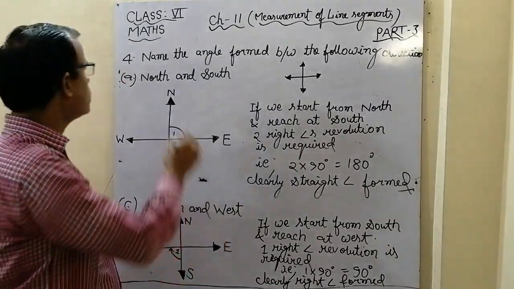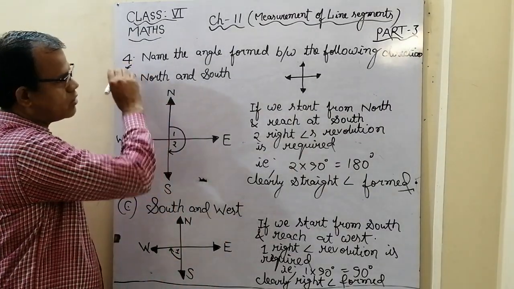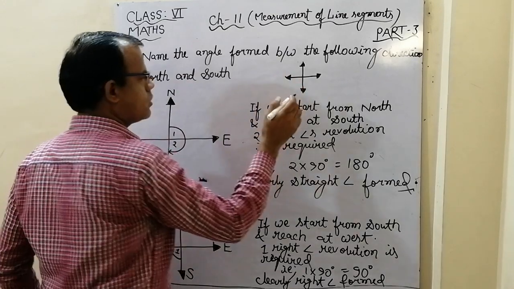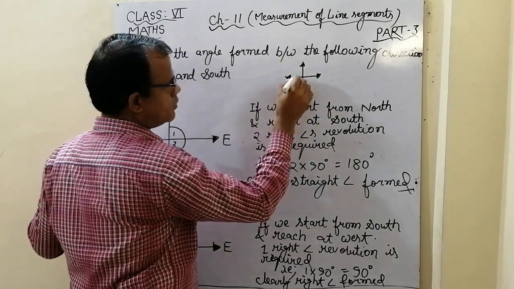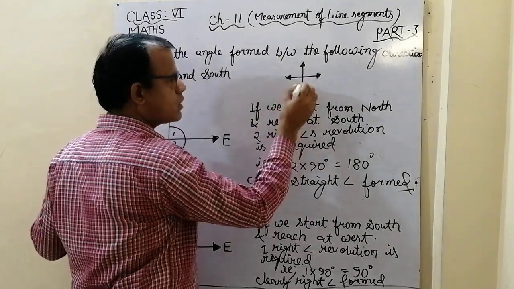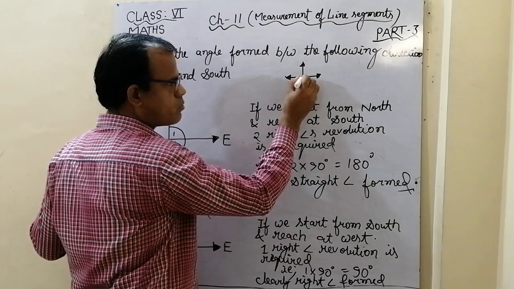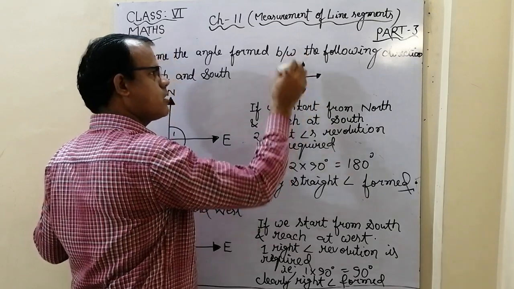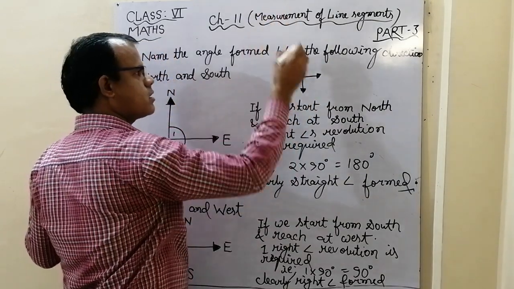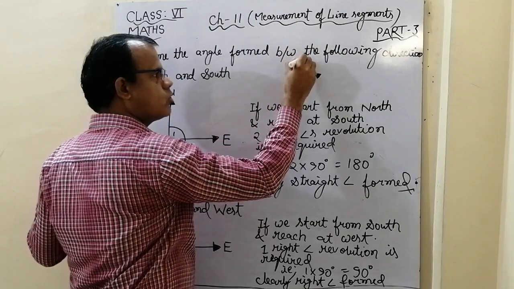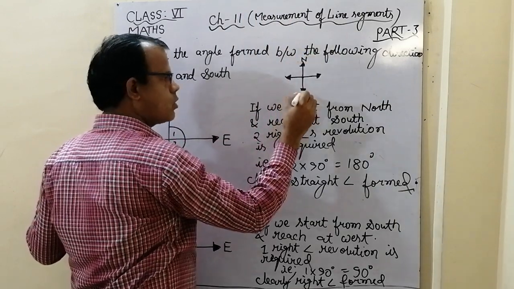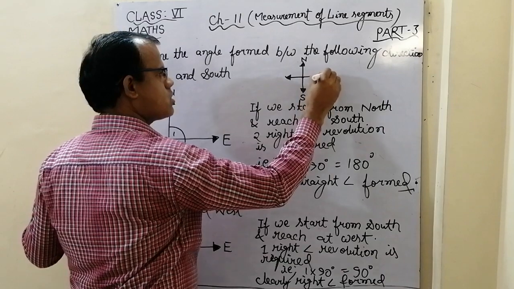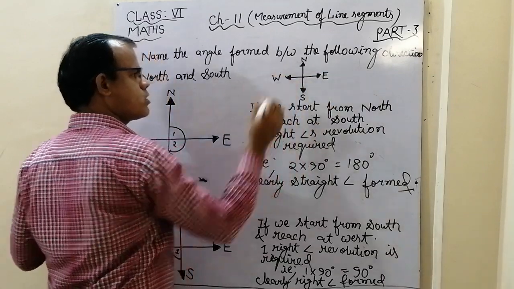Yes, students, before I start this question, you have to look here. Here two lines intersect at this point. To the upper direction, always the upper direction, this is north, this is south, east, and this is west.